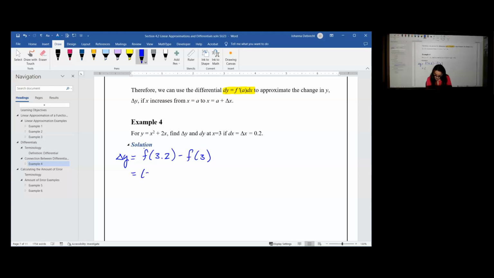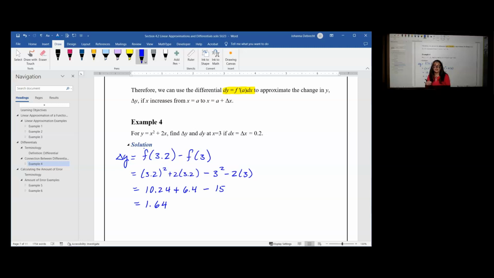This would give me 3.2 squared plus 2 times 3.2 minus 3 squared, distribute the negative, minus 2 times 3. When you compute this out, you're going to end up with 10.24 plus 6.4 minus 15, which gives you a true change in the y value of 1.64.